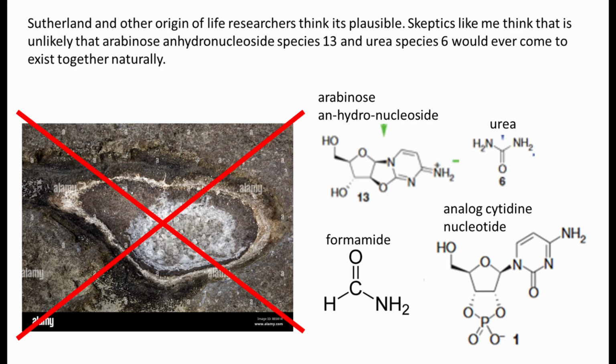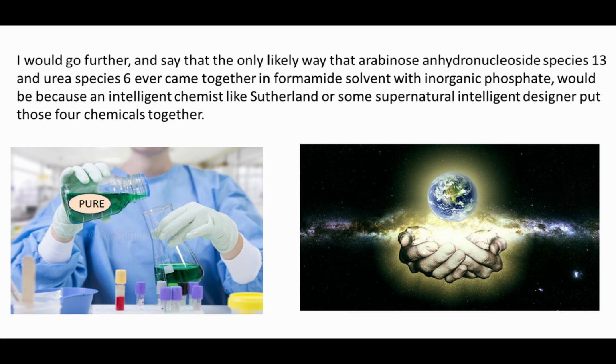Skeptics like me think it is unlikely that they would ever come to exist together naturally. I would go further and say that the only likely way that arabinose anhydronucleoside species 13 and urea species 6 ever came together in formamide solvent with inorganic phosphate would be because an intelligent chemist like Sutherland or some supernatural intelligent designer put those four chemicals together.